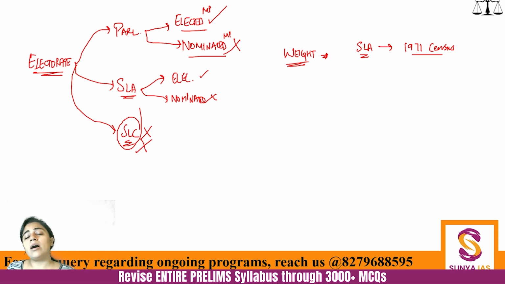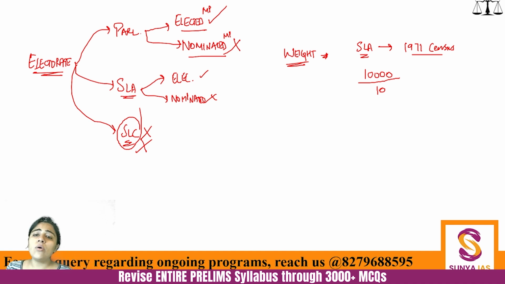Let's say a particular state has 1,000 people. It's just a hypothetical situation, or 10,000 people. Okay, 10,000 people are here, and this particular state has been given 10 seats in the state legislative assembly. So in total state legislative assembly, there are 10 seats.